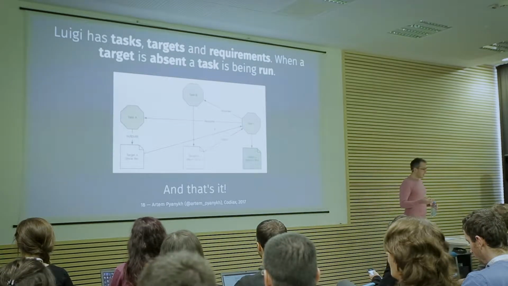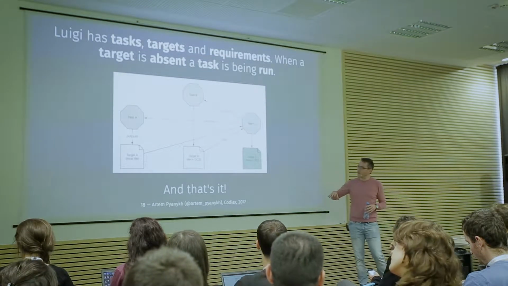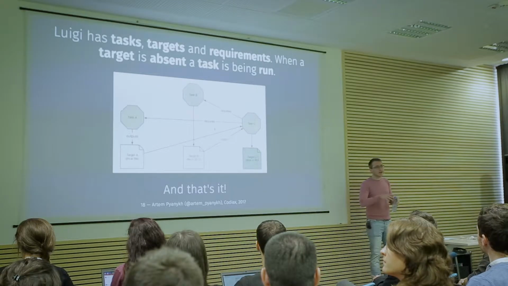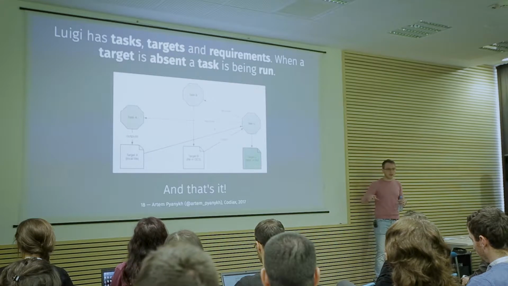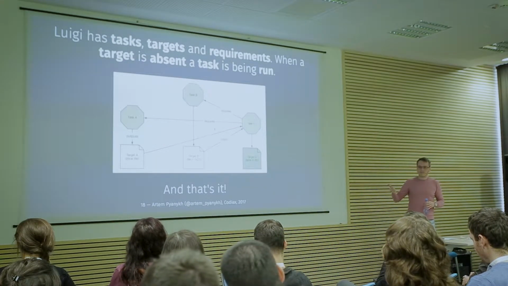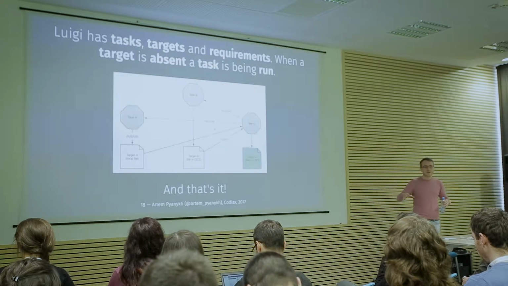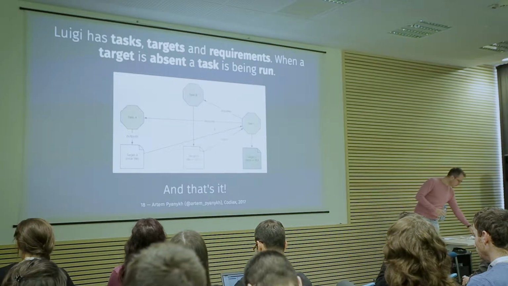And when you specify requirements and outputs, you kind of implicitly define a graph of dependency between different tasks. And Luigi's job is to actually figure out what needs to be run first, what needs to be run second, and so on and so forth.